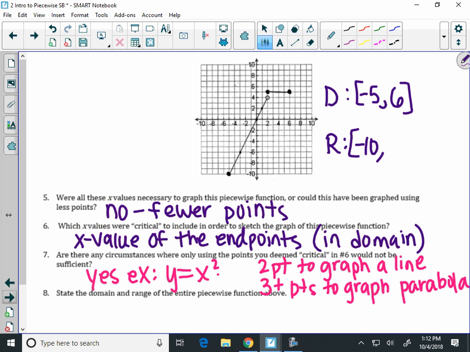You have to say, okay, my range goes up to 4. Does it include 4? No. Put a parenthesis. There's an open dot. But I'm not done. I still have y values on my graph. There's just none of them in between 4 and 5. So my range picks up again. Do you remember what symbol you have to do to combine intervals?